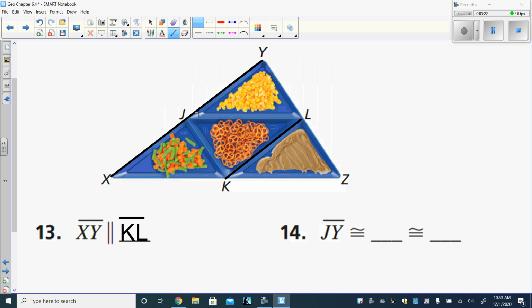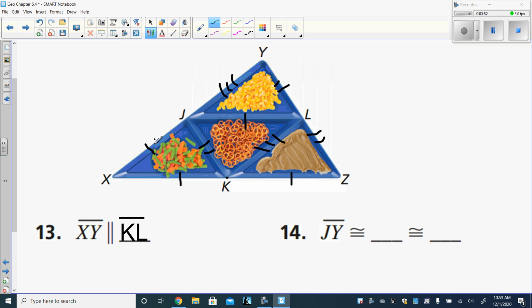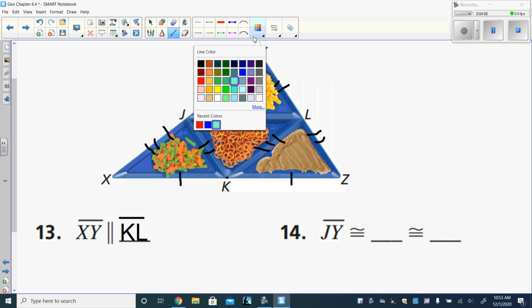Now, as I said before, those are the parallel ones. Each one of these triangles is going to have three sets of congruent sides. Because this is the midpoint, these two would be congruent, and this mid-segment and its two sides are all going to be congruent. And this mid-segment and its two sides are going to be congruent. Now let's look at what line they're talking about. Go back to that teal.